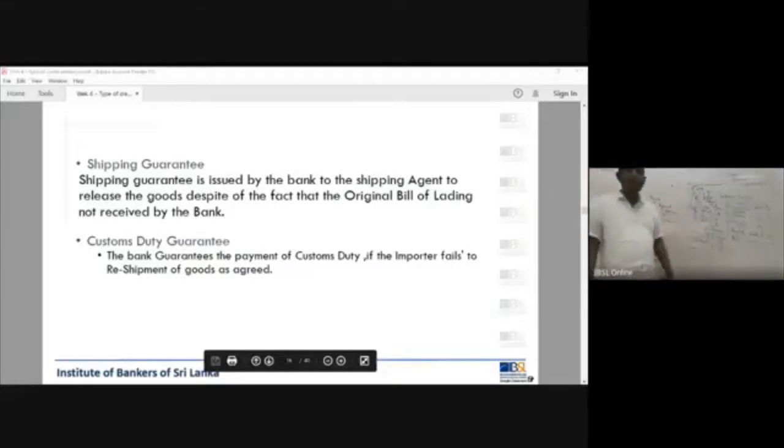Mr. Pereira will come and say, I can't take the discrepancies. Right? But he has taken out the goods. Bank will have to pay with or without the discrepancies. We have agreed for that.